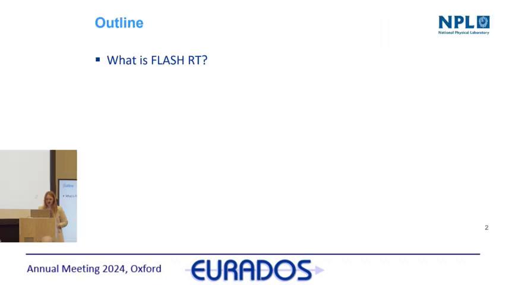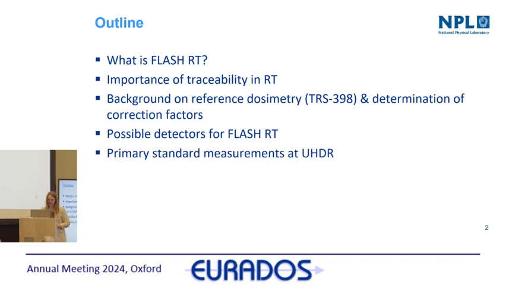So that's the outline of the talk. I'll very briefly go through it because I want to concentrate on the concrete examples. Just for those who haven't heard much about FLASH, I'll give a very brief introduction. What is FLASH radiotherapy? I'll remind you of the importance of traceability for radiotherapy treatments. Then I'll give a bit of background on reference dosimetry, specifically looking at the TRS 398 code of practice and how potentially we could think of applying this existing code of practice for dosimetry in FLASH.